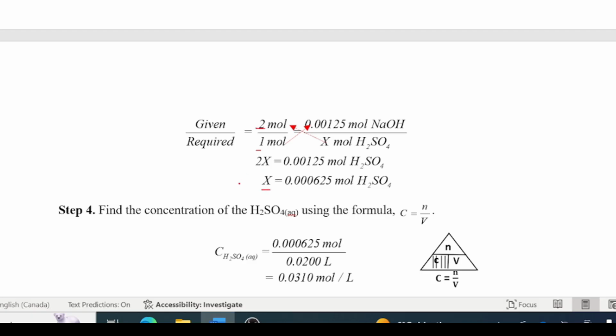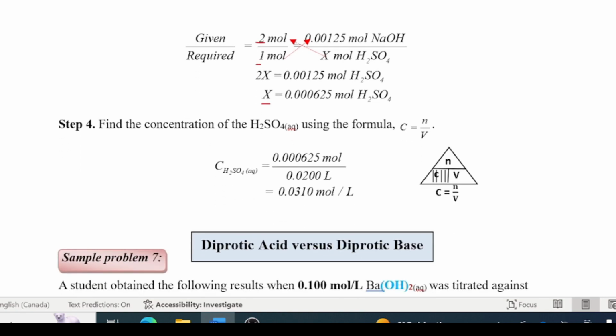Now you know the number of moles, and we know its volume, which is 20 milliliters. That translated into that. You find the concentration: C is equal to n over V. And that's the concentration of your sulfuric acid.